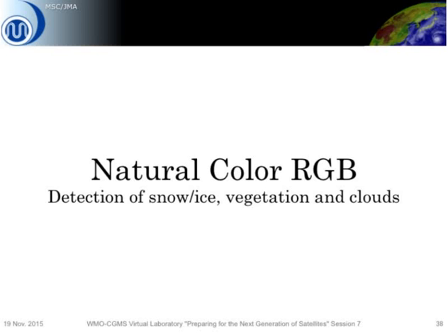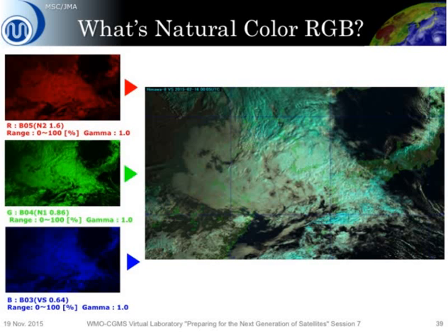Okay, natural color RGB. This is for detection of snow, ice, vegetation, and clouds. This is the specification of natural color RGB.